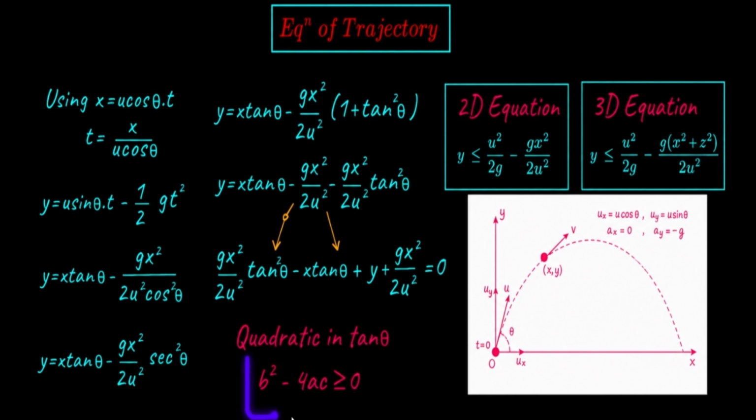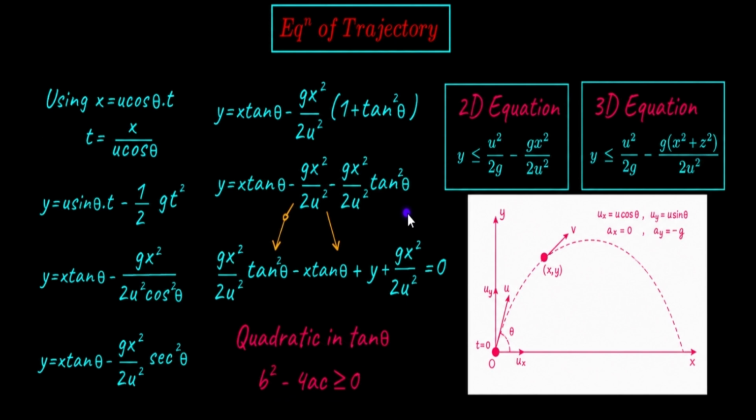For t to be real, this quadratic must have real roots. And for a quadratic to have real roots, we need the discriminant to be greater than or equal to 0. b square minus 4ac greater than or equal to 0. This is the key idea. This condition will give us the envelope.